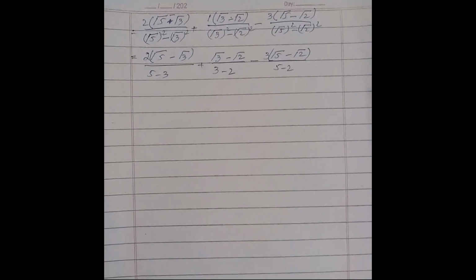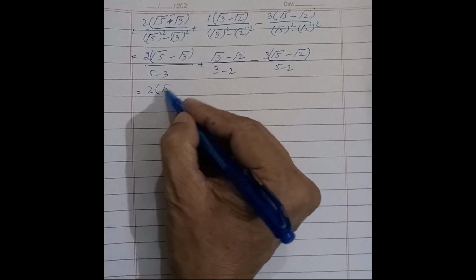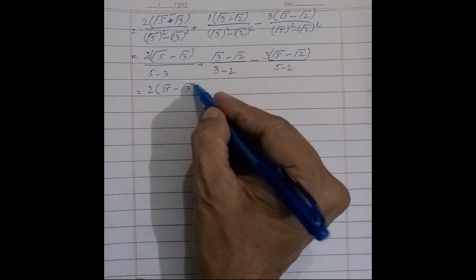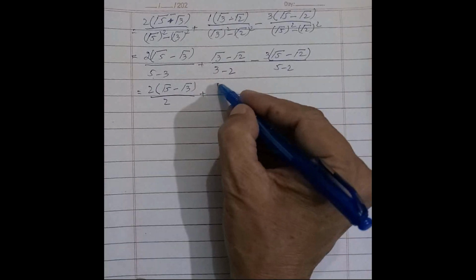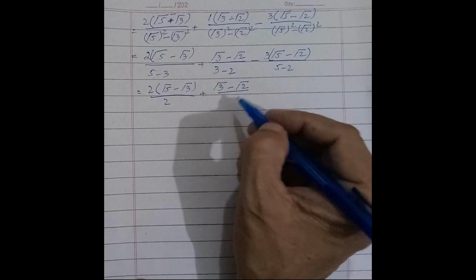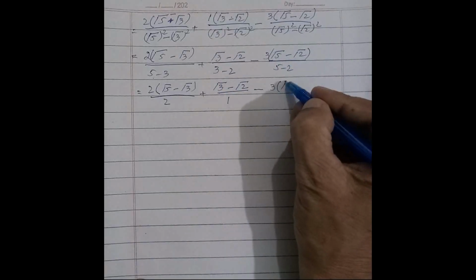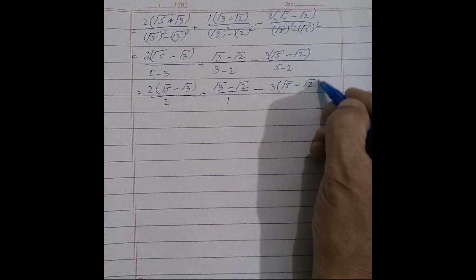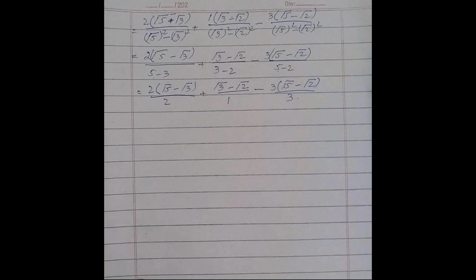Now we simplify these values. We get 2 square root 5 minus square root 3 over 5 minus 3 is 2, plus square root 3 minus square root 2 over 3 minus 2 is equal to 1, minus 3 square root 5 minus square root 2 over 5 minus 2 is 3.